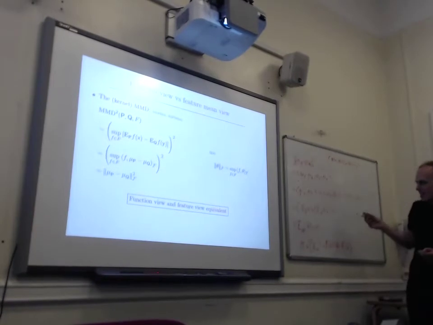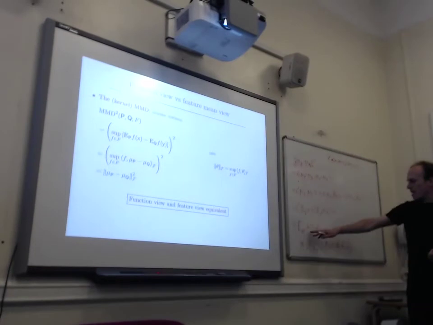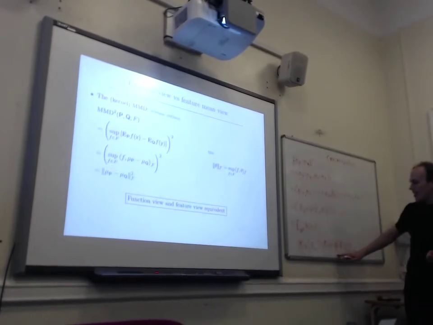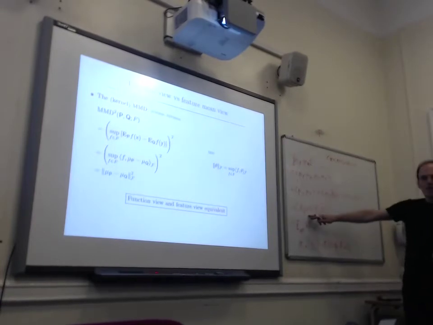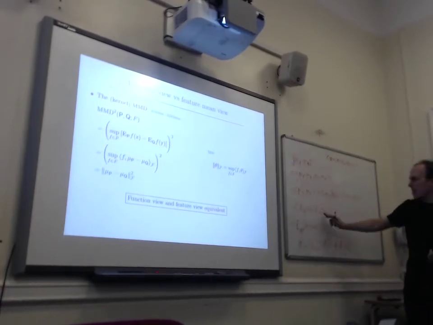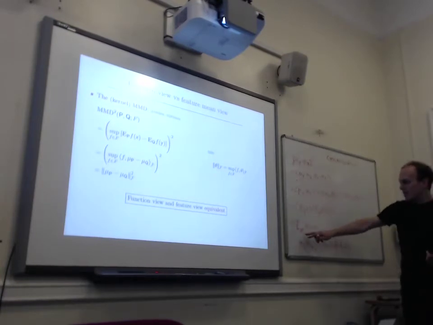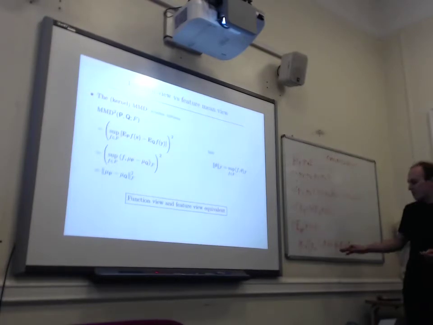Otherwise the variance would always be 0. So I'm doing exactly the same as I did here, but now in feature space. I've got the expectation of the inner product of the expected feature with the expected feature, but I need to make sure that I keep the random variable here independent of this one. That means I need to use an independent copy of X here, so that I don't make this mistake. Okay, is that clear to everyone why I need an independent copy?